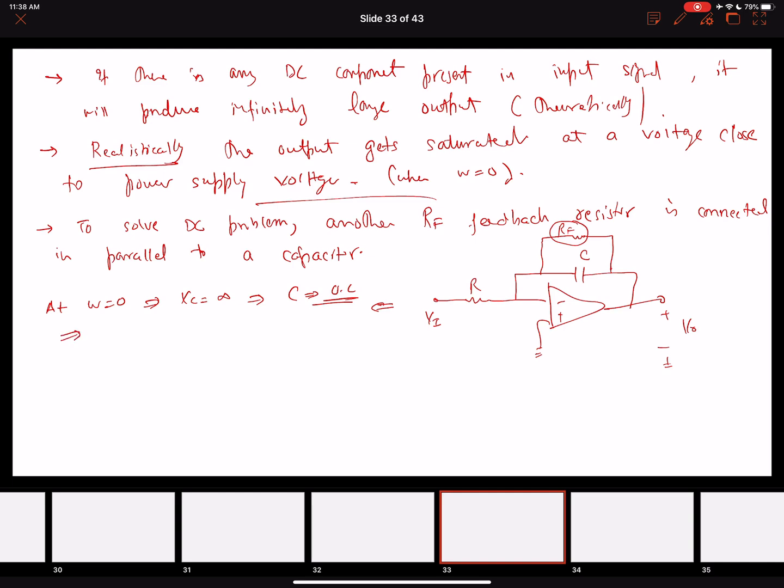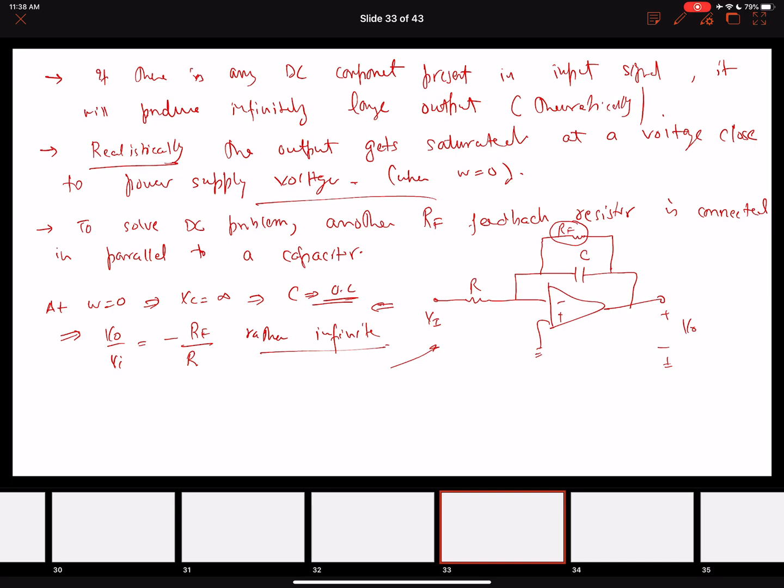So at omega equals 0, our V naught over Vi becomes our regular gain, minus RF over R, rather than infinite. So this is the important consideration, that we can use this RF resistor to eliminate this DC problem.